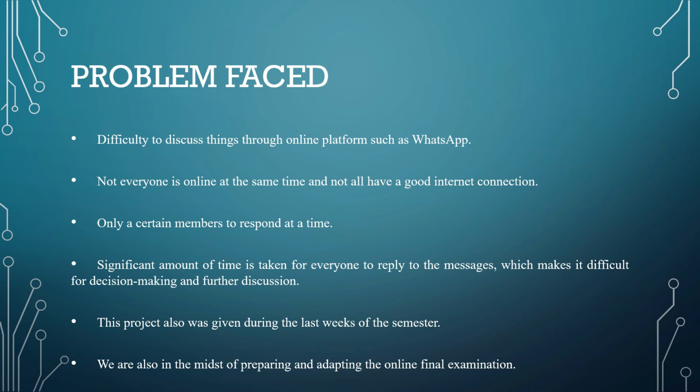When we message our team members, only certain members respond at a time because everyone in the group has other commitments to do. So, to counter that problem, we have to set a time so that everyone can respond and be active at the same time.